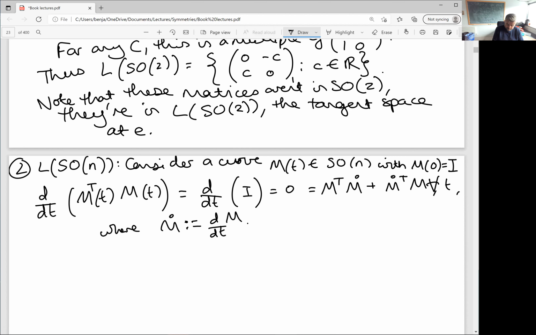And at t equals 0, remember, the matrix is equal to I. So if we look at this equation at t equal to 0, then we have that the matrix and its transpose is equal to the identity.